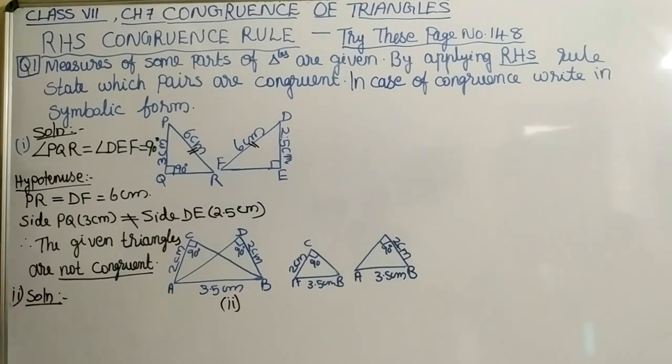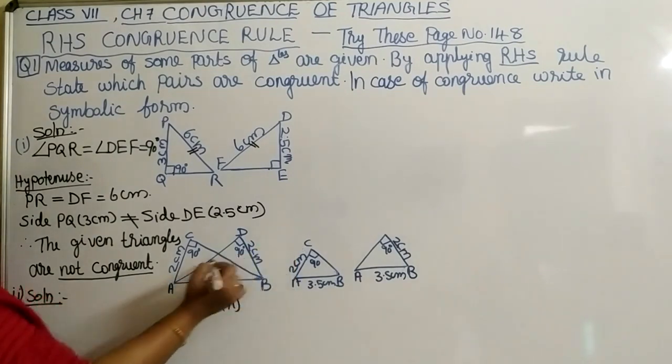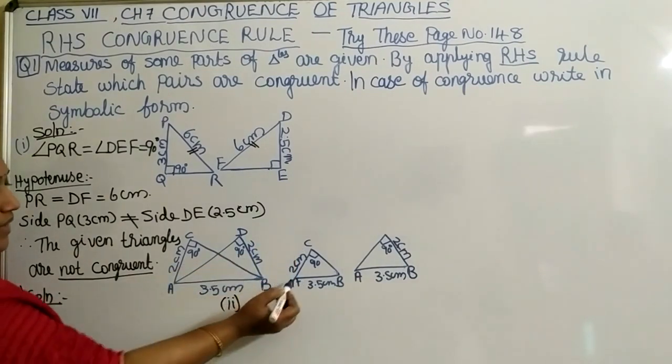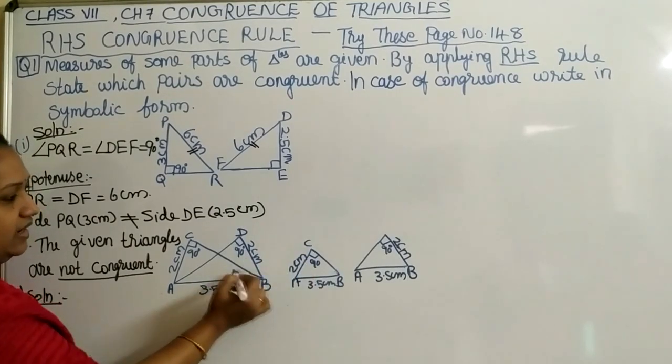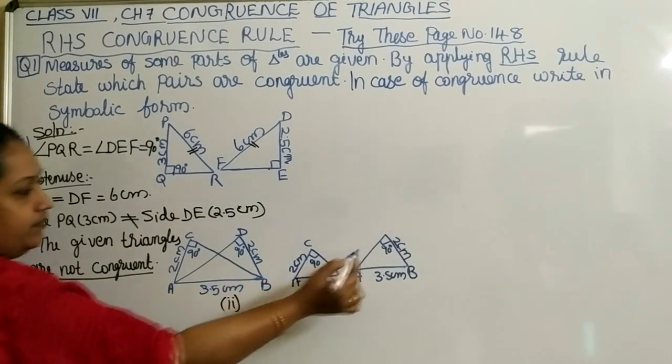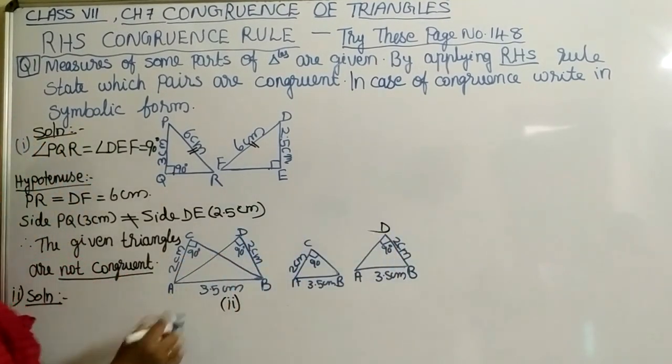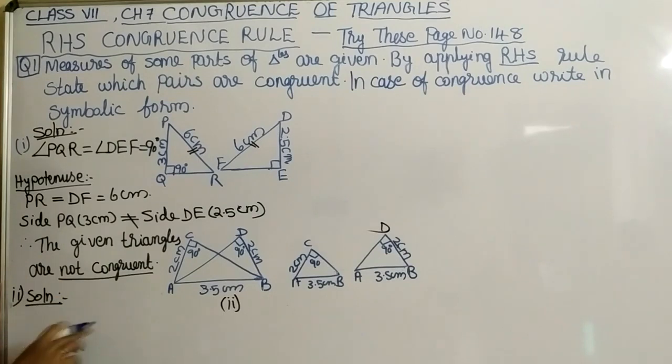To obtain the correct correspondence between vertices of triangles, better you should draw the triangle separately. This is the first triangle ABC. This is the second triangle ABD. I have drawn. Now we can write the conditions to satisfy congruence rule. The first condition, right angle.